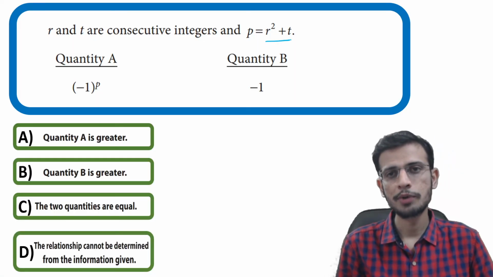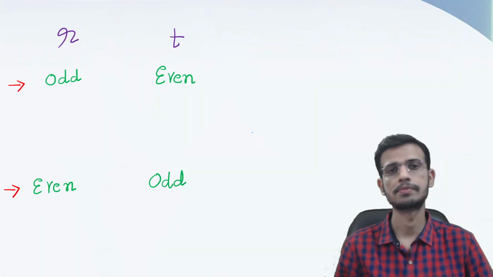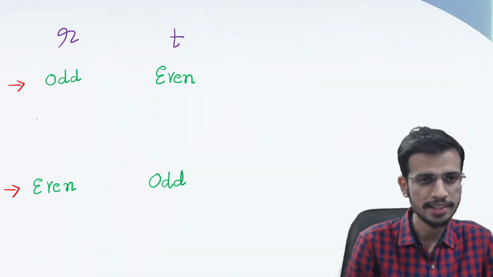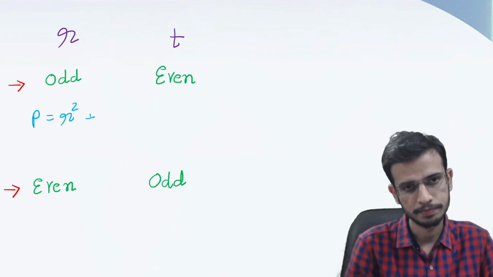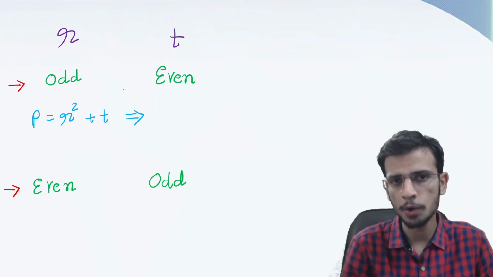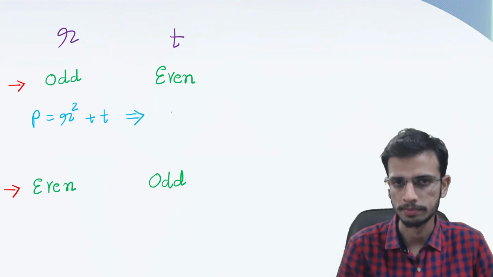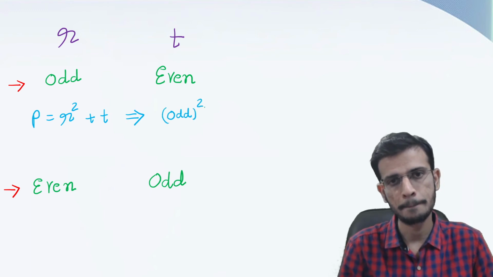You have to find R square plus T. P is nothing but R square plus T. For this particular case, R is odd, so in place of R, I am putting odd, plus T is even.